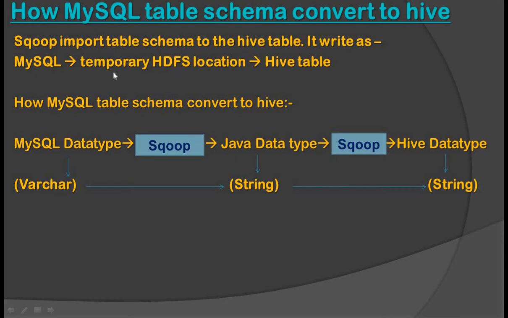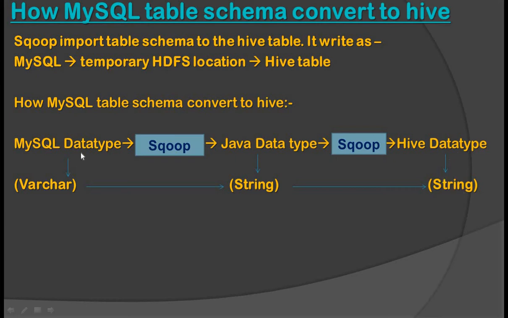It writes the data from MySQL to a temporary HDFS location and then to the Hive table. How does the MySQL table schema convert to Hive? Suppose there is a MySQL data type varchar, and this is the Java data type which is string, and this is the Hive data type which is string.